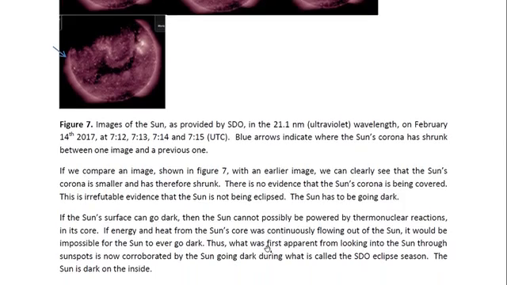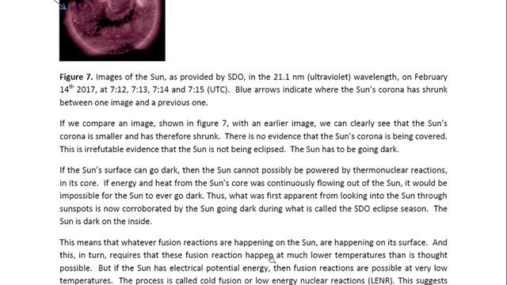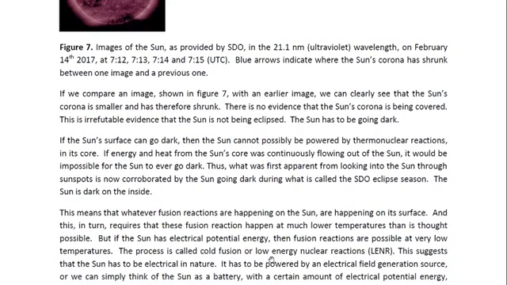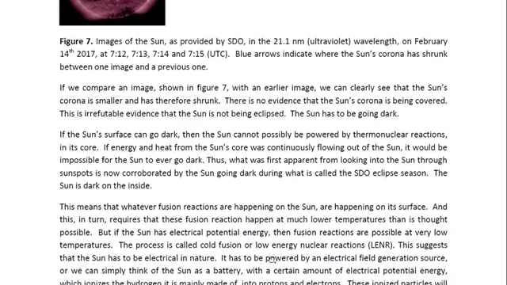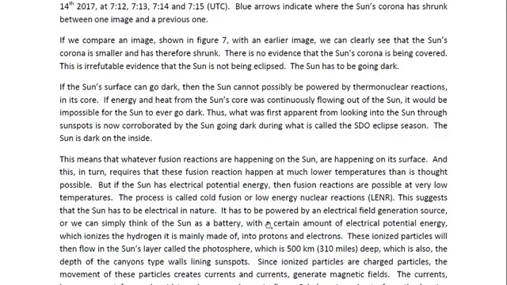So this means that the sun cannot be powered by thermonuclear reactions, because then there would be light coming from the interior of the sun all the time, and it would never stop emitting light. There would always be light coming out of it. So this shows that the sun cannot be powered by fusion reactions from the interior. But what I believe is happening is that it is having fusion reactions at the surface.